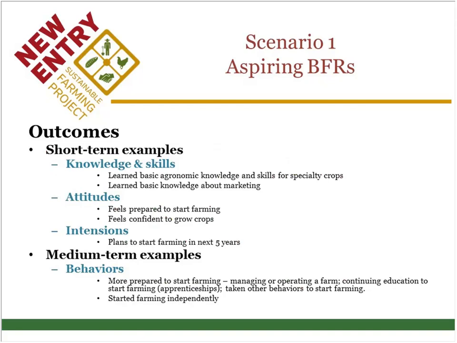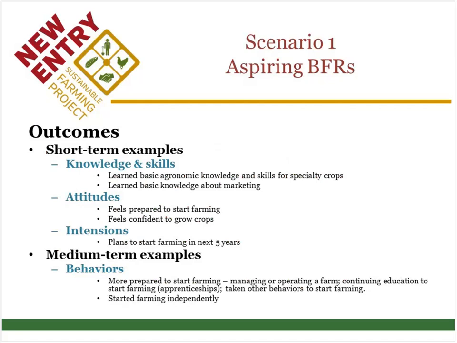So some example outcomes you could expect from this type of program is that in the short term the participants learn basic agronomic knowledge and skills for specialty crops, and that they learn basic knowledge about marketing and business.